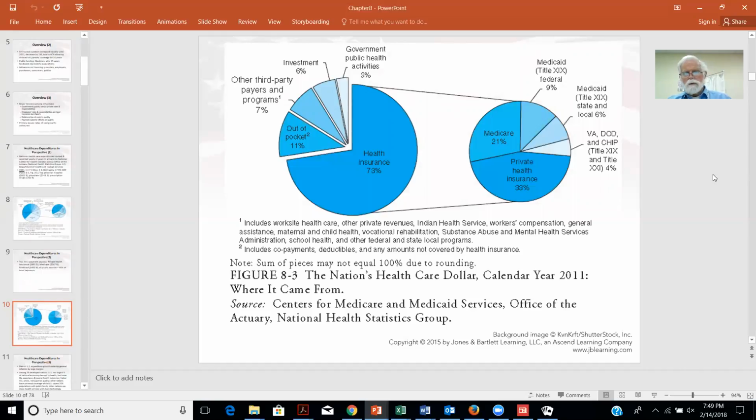And that figure probably hasn't changed much. If we look at, again, the calendar year 2011, we see that health insurance was responsible for 73% of the payments, out of pocket 11, other kinds of delivery, and then investment.